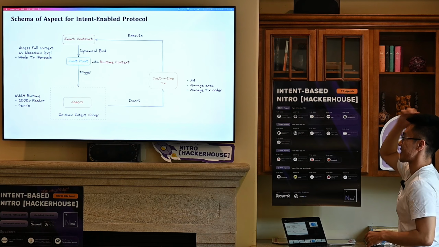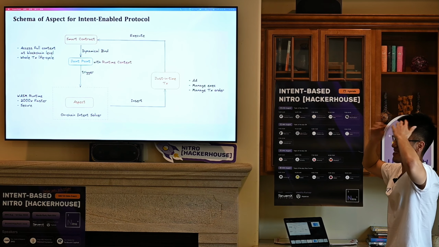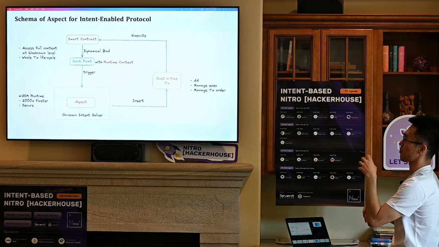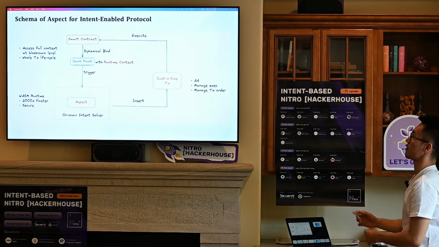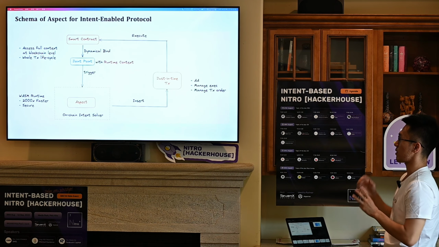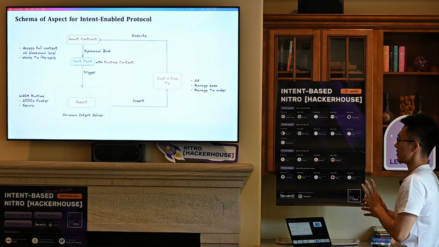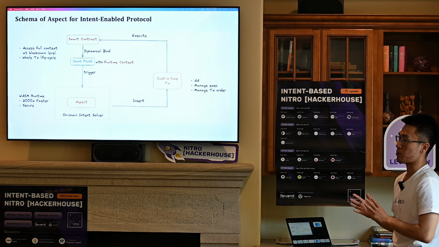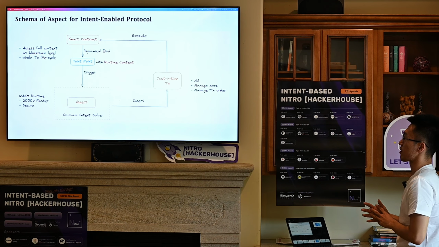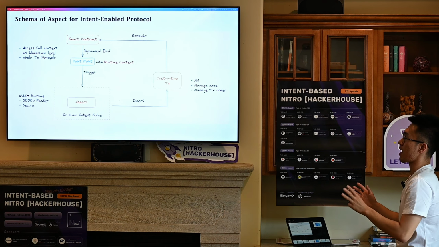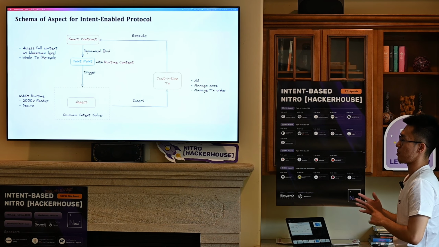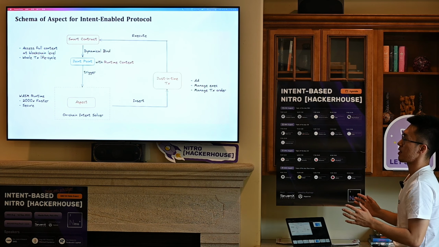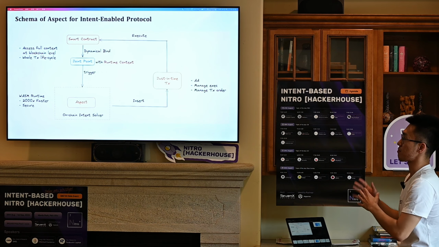I think this page will be the most important page in my whole speech. So let's bring Aspect back to the intent-centric protocol. I want to say three points on why it can be a universal framework for intent or for hook design. The first is that we have more or full context at the blockchain level of runtime.